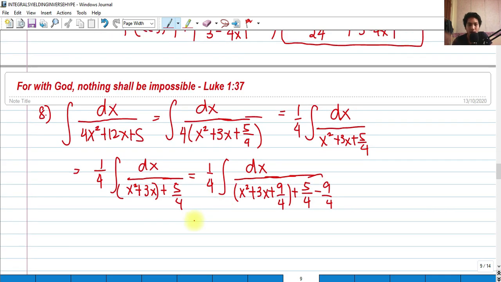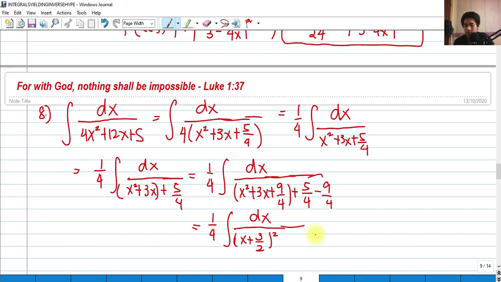So what we are going to do is 1/4 integral of dx all over, we can factor this since that is a perfect square, x plus 3 halves squared. So we perform 5 over 4 minus 9 over 4.